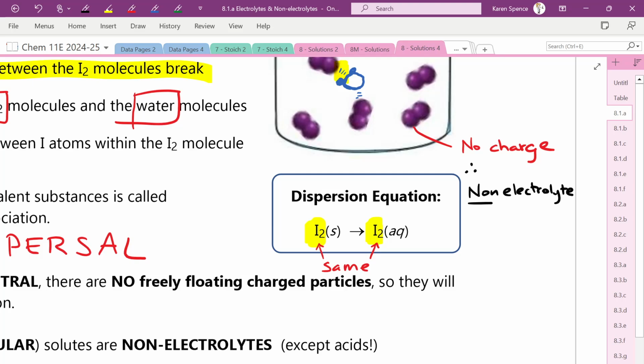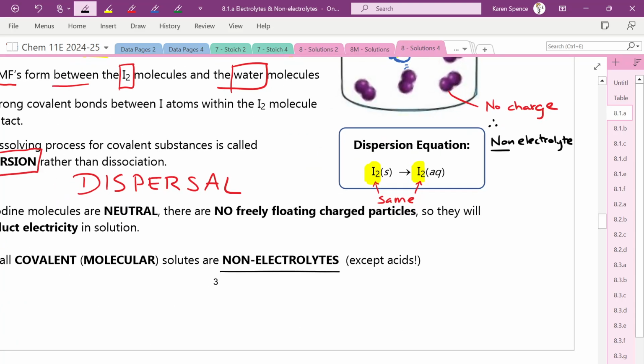So if you have any molecular compounds other than acids, those will be non-electrolytes. So covalent molecular solutes are non-electrolytes.